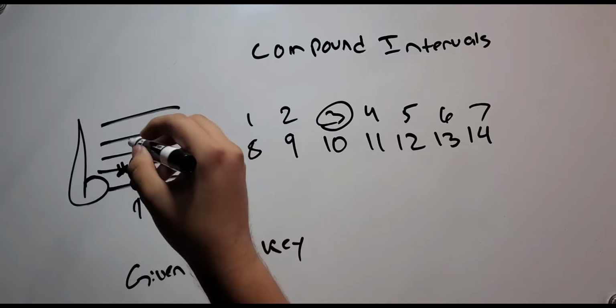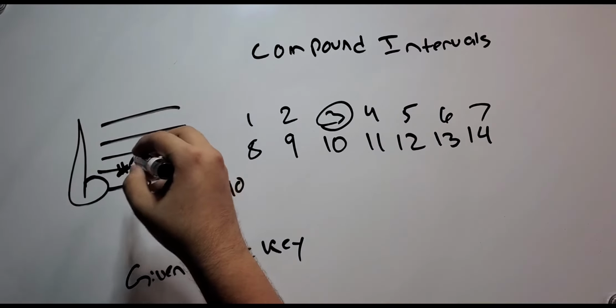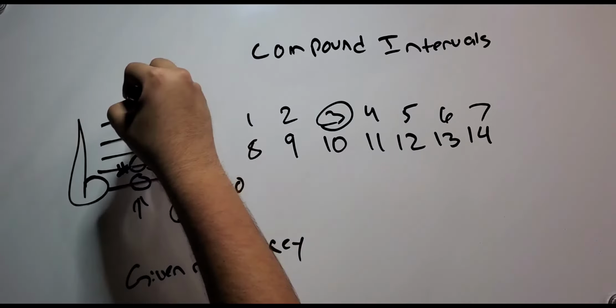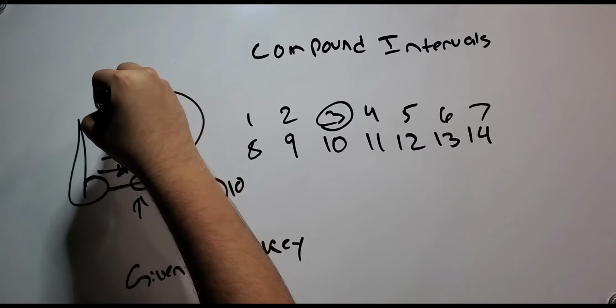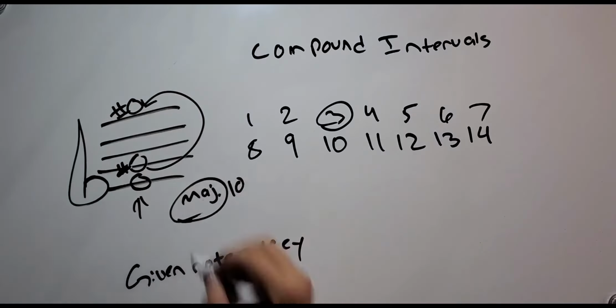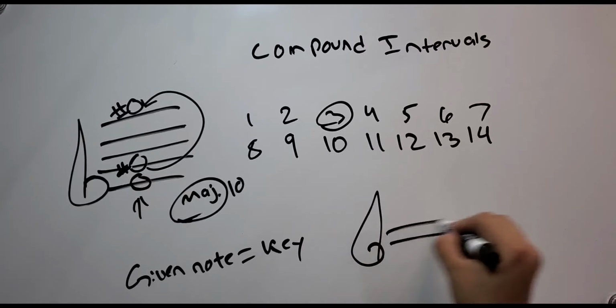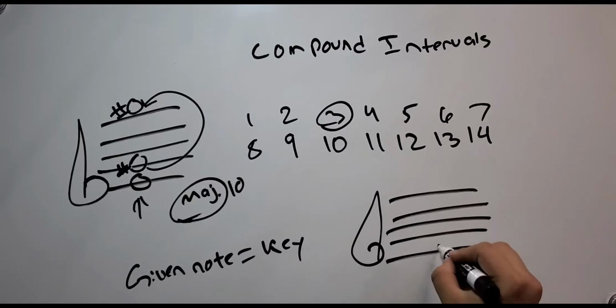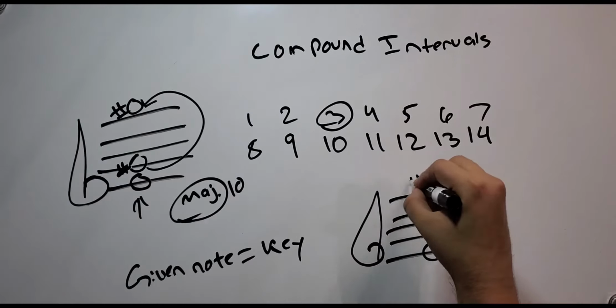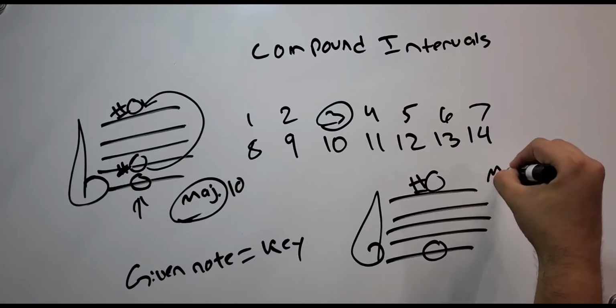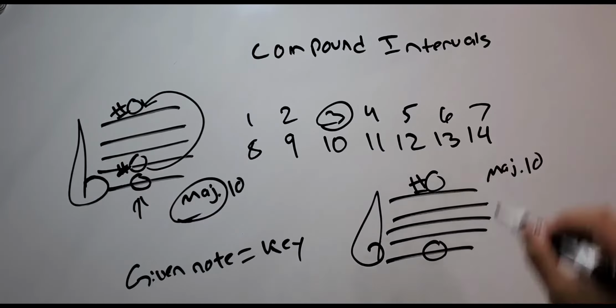So once we have the major third, then we just go ahead and take this note up an octave, and that is now our major 10th. So if I write over here more clean, that is our major 10th.